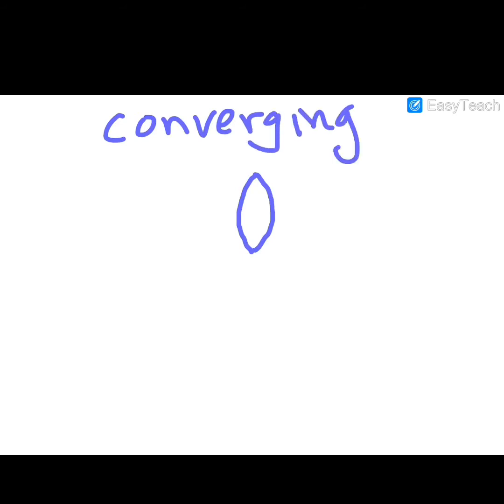So let's consider a converging lens. A converging lens we can think of as looking like this, and often in real life it really does look like that. It is wider in the middle than it is at the edges.